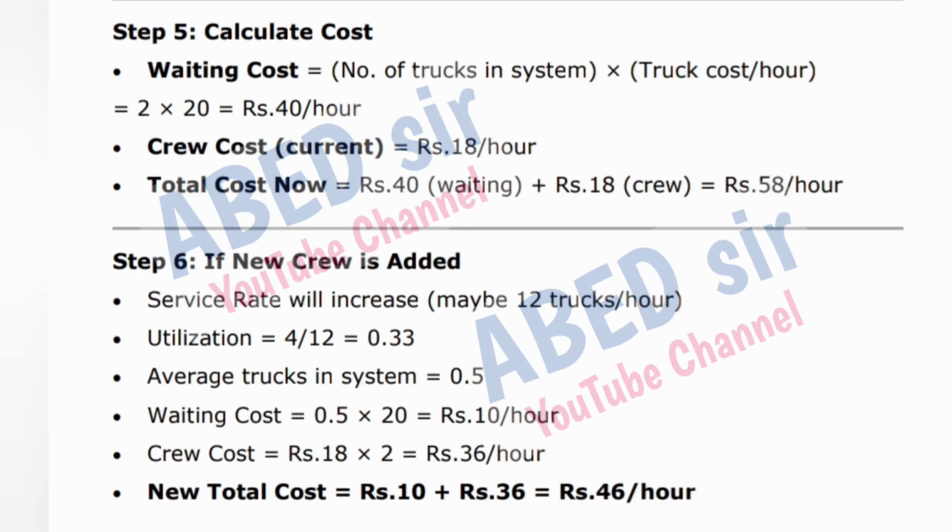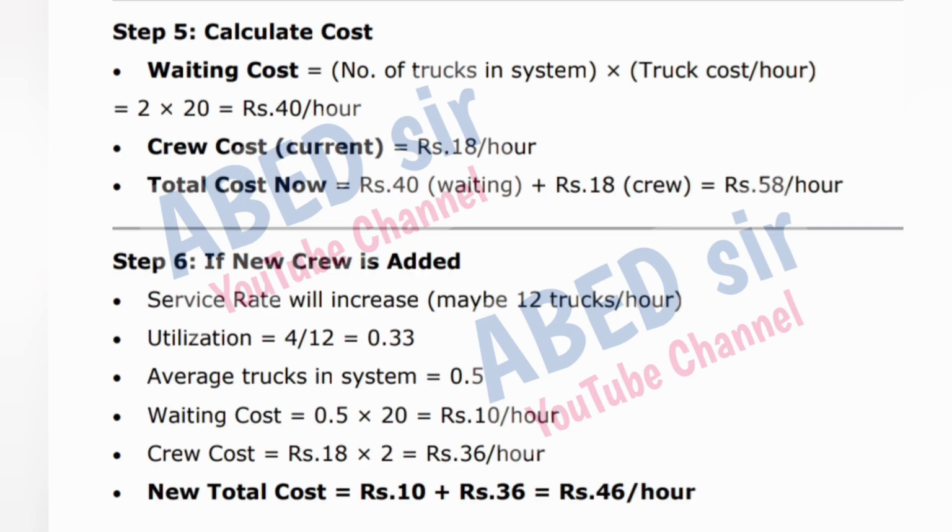Calculate cost. Waiting cost is equal to number of trucks in system times truck cost/hr is equal to 2 times 20 is equal to 40 rupees per hour. Crew cost, current, is equal to 18 rupees per hour. Total cost now is equal to 40 rupees, waiting, plus 18 rupees, crew, is equal to 58 rupees per hour.